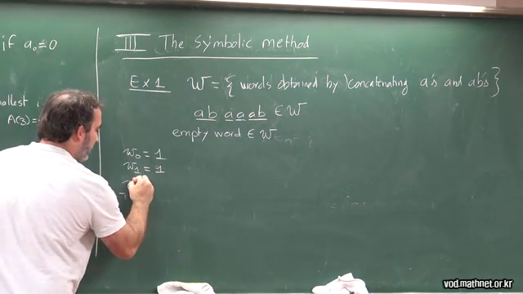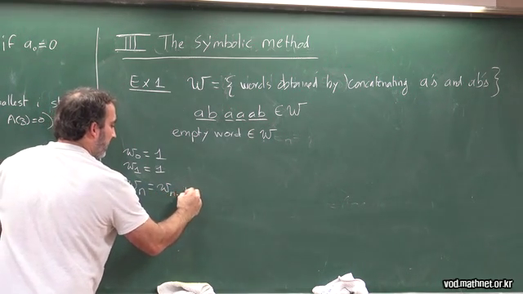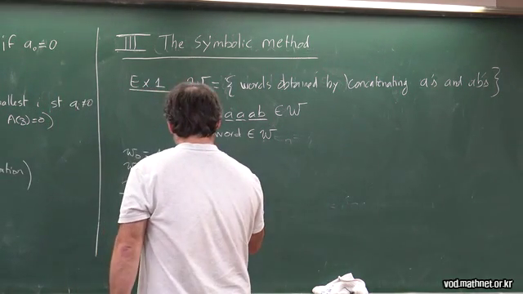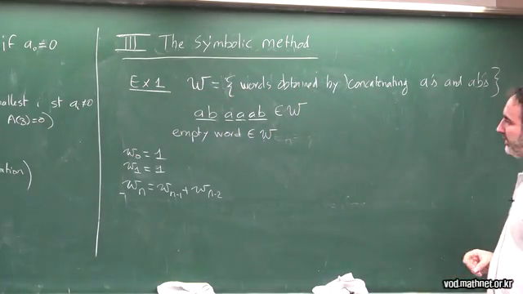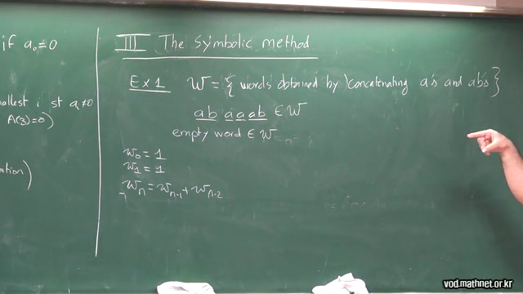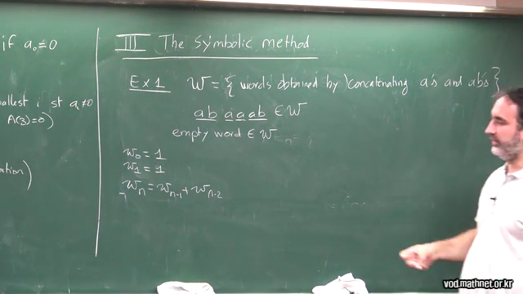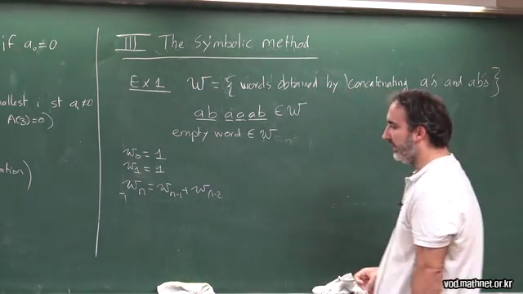And it's easy to check that Wn is Wn minus 1 plus Wn minus 2, because if you take a word and you add at the end A or AB, there is no ambiguity. And so this is the correct way of counting. So this is a Fibonacci sequence, it is easy.